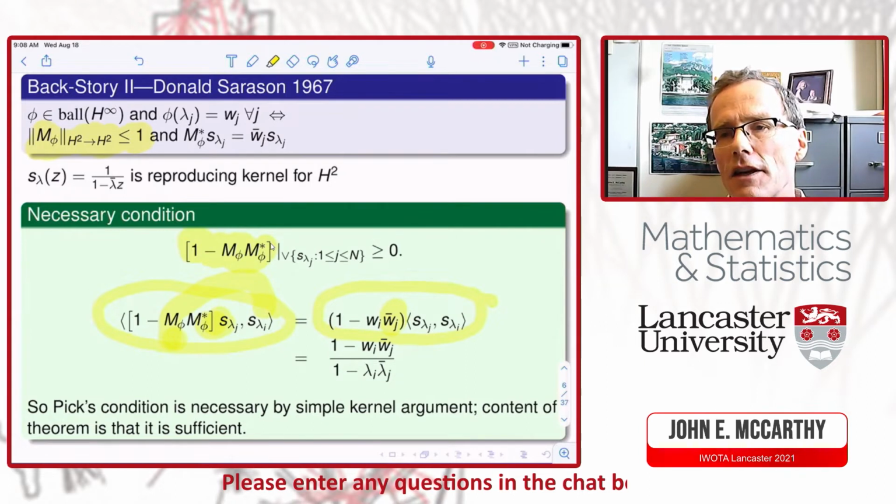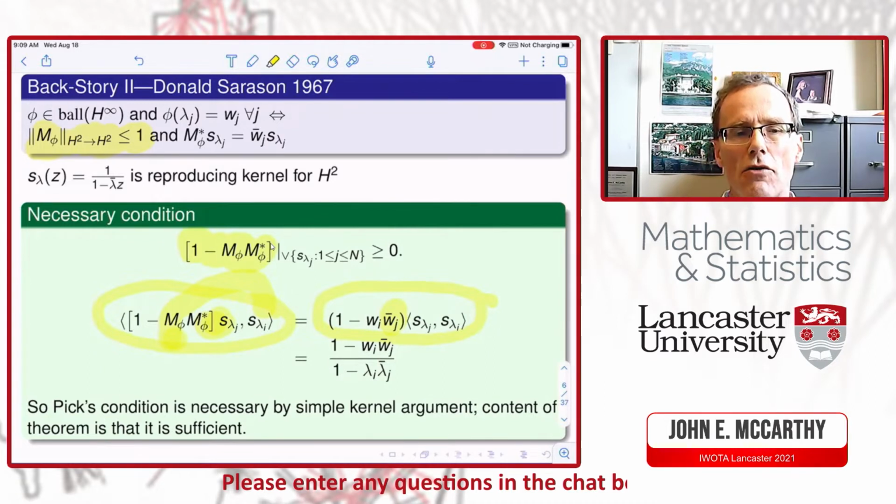So the advantage of Sarason's formulation is that the necessity of Pick's condition comes essentially for free once you express it in the language of H2 as a reproducing kernel Hilbert space and H infinity as its multiplier algebra.